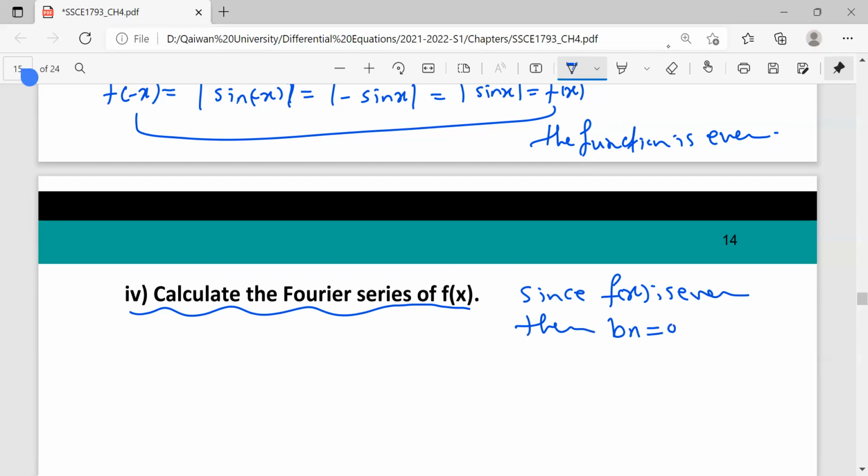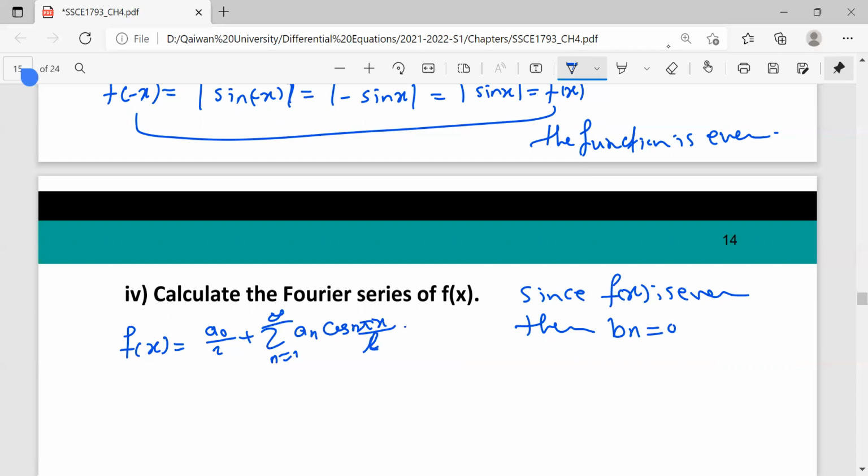And the Fourier series formula becomes f of x equals a naught over 2 plus the sum from n equals 1 to infinity of an cosine of n pi x over L. We find only this.